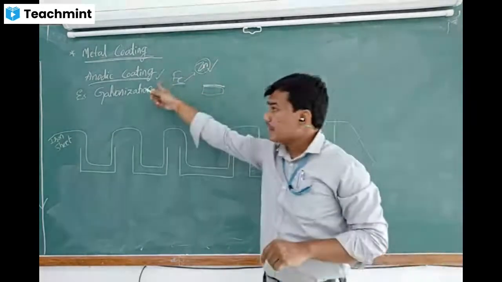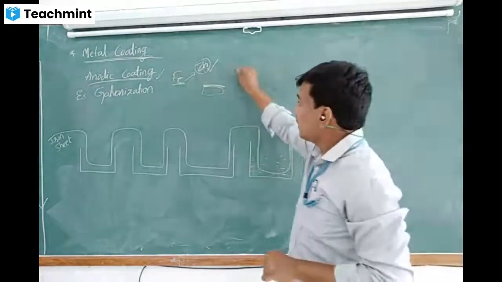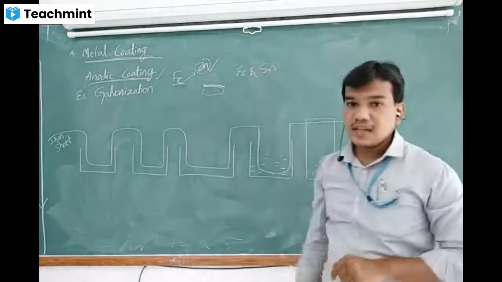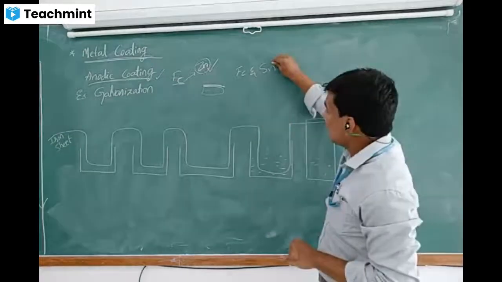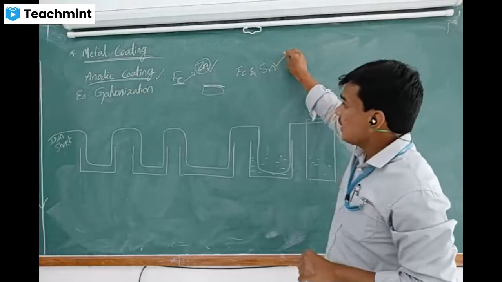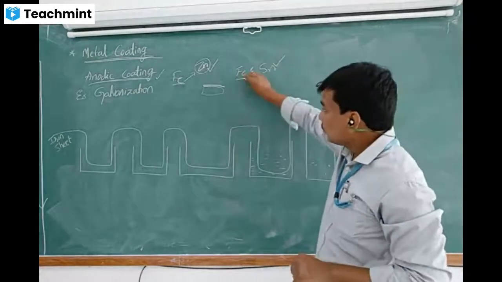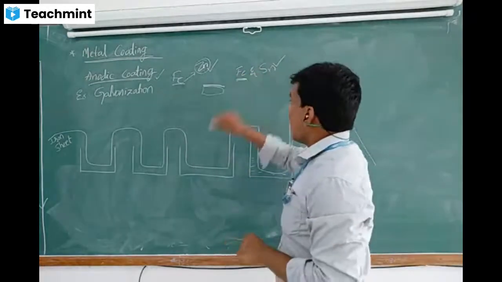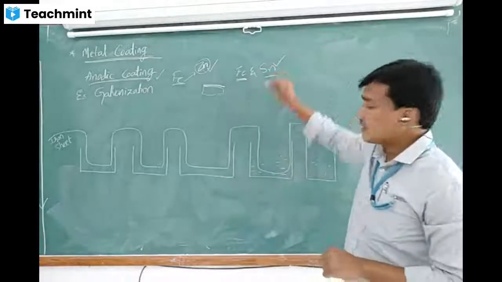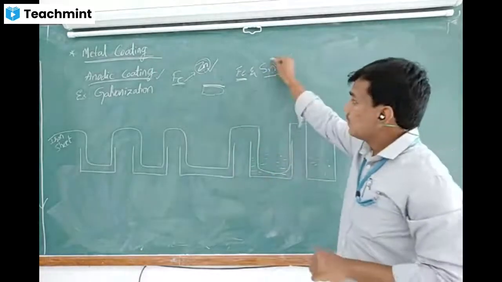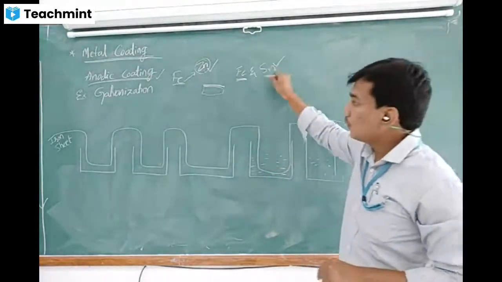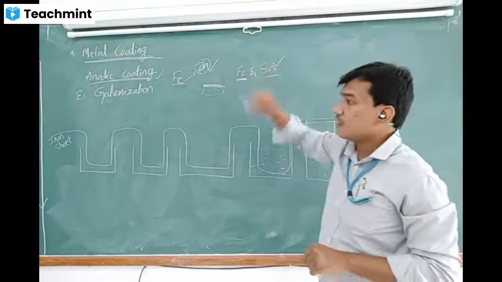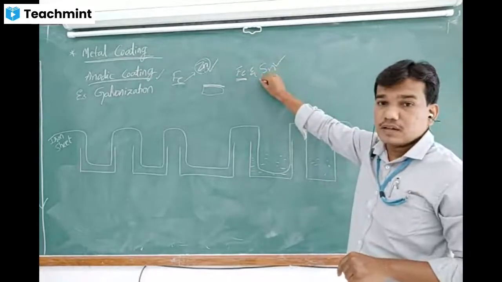Say for example, cathodic coating means iron and tin. Here tin acts as cathode to the iron, and iron acts as anode. So the cathodic metal we want to coat on the iron surface, and this type of coating is called cathodic coating.